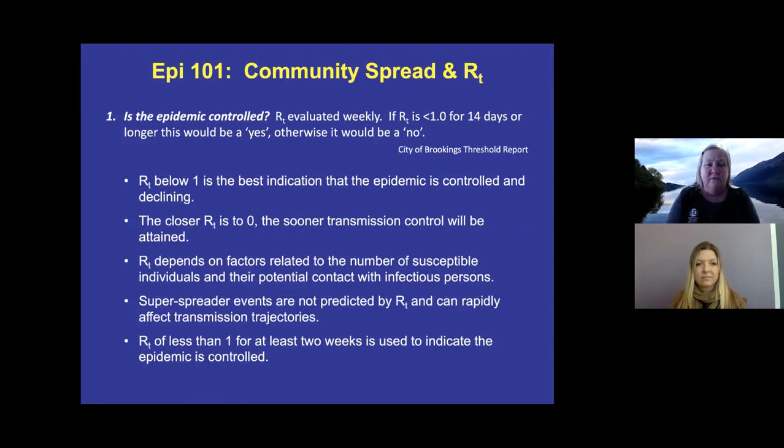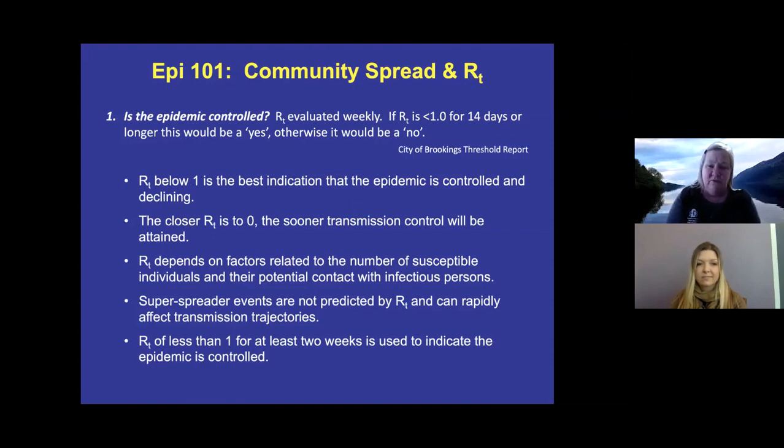RT depends on a variety of factors relating to not just the number of susceptible individuals, but also their potential contact with infectious people. Super spreader events, like funerals and weddings, are not predicted by RT and can rapidly affect transmission. So you may not be able to predict a super spreader event with RT.